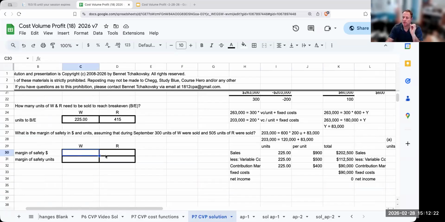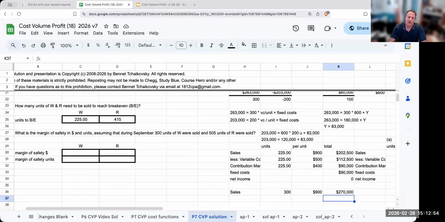Margin of safety is really comparing our break-even to the level of production where we currently are. So if our sales for product W are at 300 units, and my per unit price is 900, then my total sales at 300 units would be 270,000.